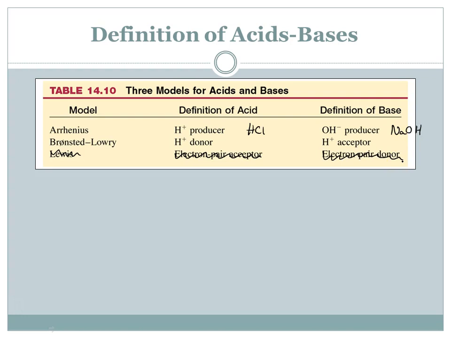The Bronsted-Lowry definition is the one that we're going to be using the most, and that refers to hydrogens more as protons, so a proton donor or a proton acceptor. Under that definition, a lot of your Arrhenius acids are also considered Bronsted-Lowry. But what Bronsted-Lowry does is expand our understanding of bases to include all kinds of other things, like ammonia.